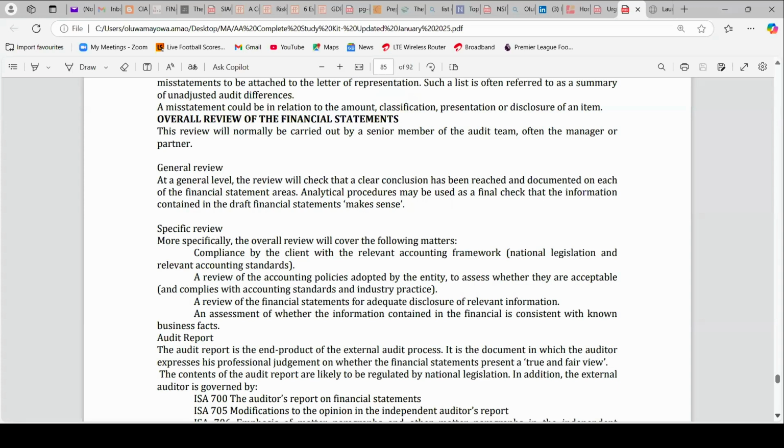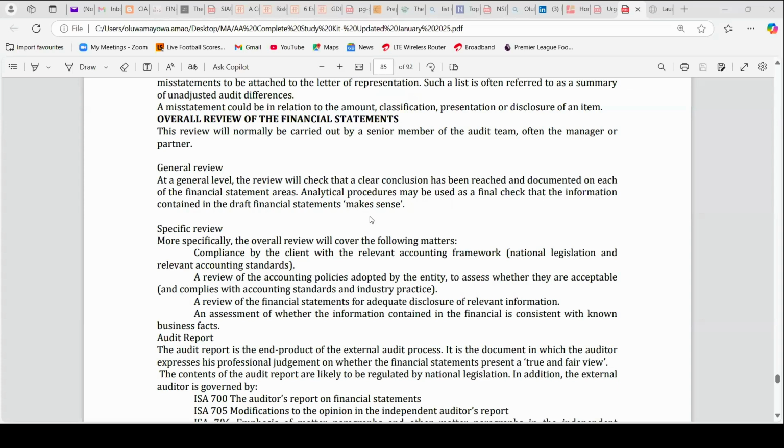He's looking at the financial statement as a whole, whether this draft financial statement by management makes sense or not. So that general review is on every area of the financial statement. You would look at the information, this draft financial statement, everything, the asset part, the liability. So that's the general review.